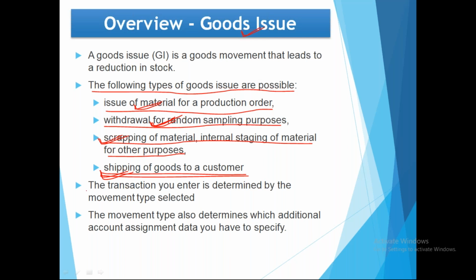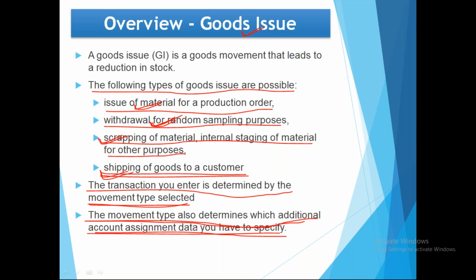The transaction you enter is determined by the movement type you selected. The movement type also determines which additional account assignment data you have to specify. We will see this in the system.